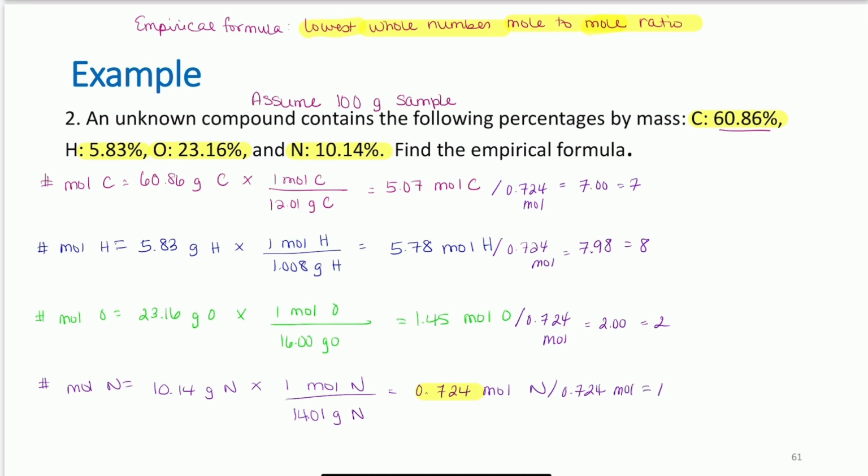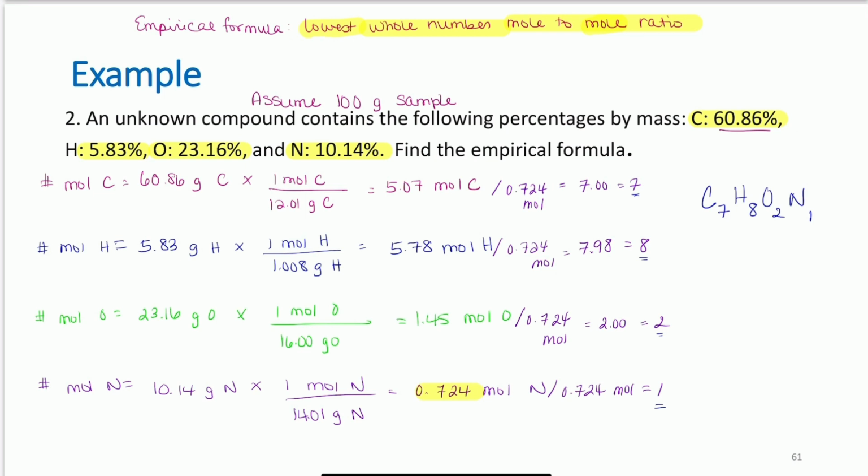What this does is this tells me the relationship of the species to each other. This tells me that I have 7 carbons to every 8 hydrogens to every 2 oxygens to every 1 nitrogen.